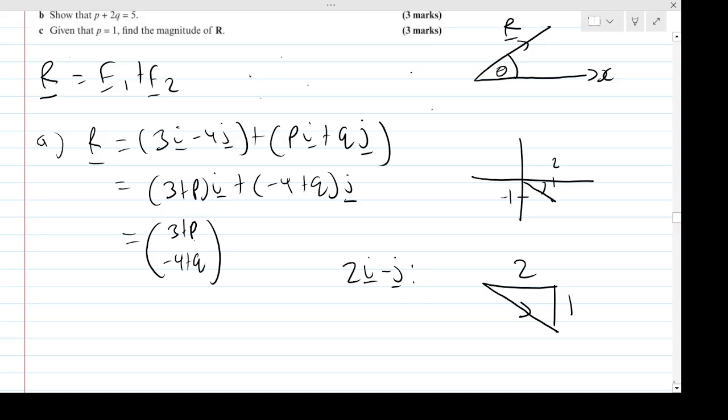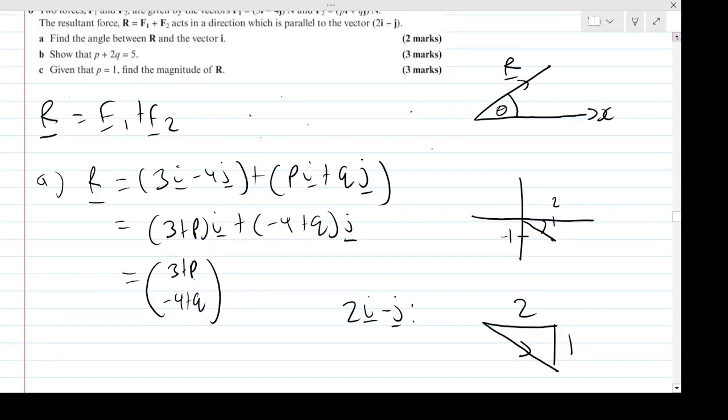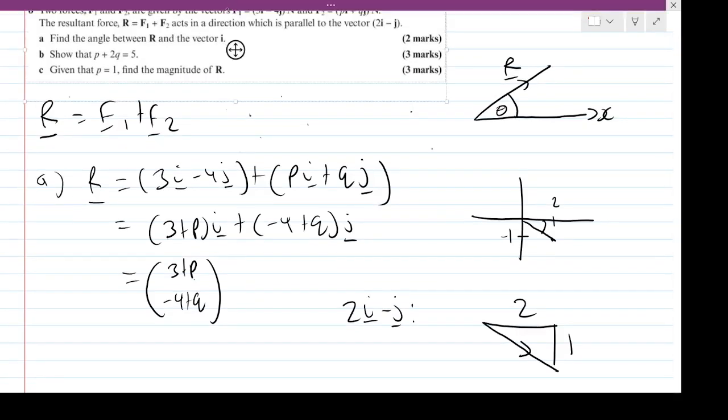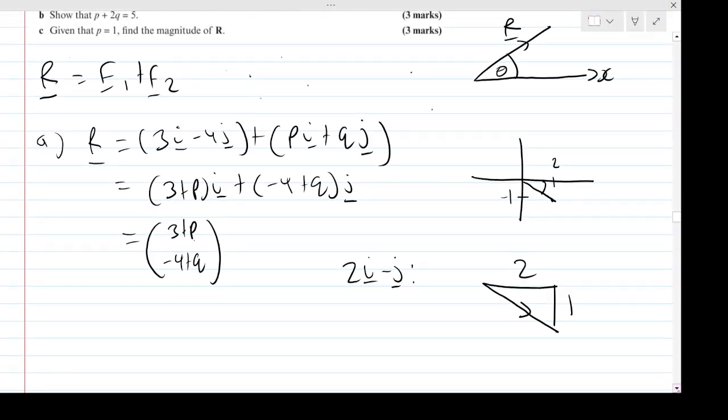So then the angle from the vector i, which is the x-axis, I'll make a note. It's basically the x-axis, because i is all to do with the x part. So the angle between i, which is the x-axis, is this angle theta here.